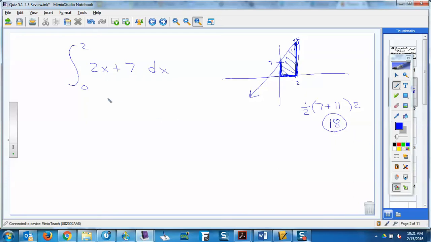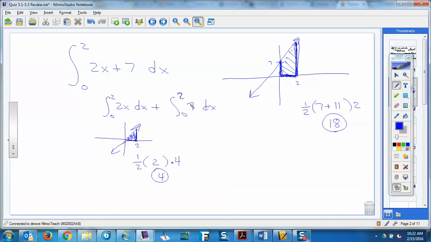I suppose a person could split it up. This would be more work, but we have the rule that you could split this into this, right? So I could do 2x, which would be this, from 0 to 2, which would actually be a triangle. So that'd be 1/2. Base of the triangle is 2. What's the height of that triangle? 4. 1/2 times 8, that's 4.